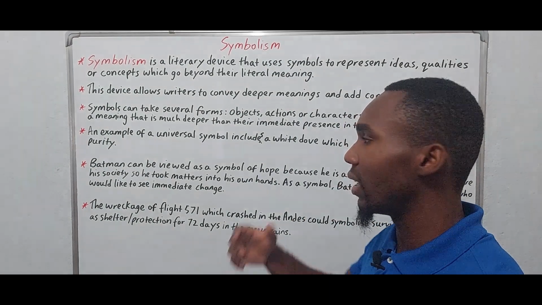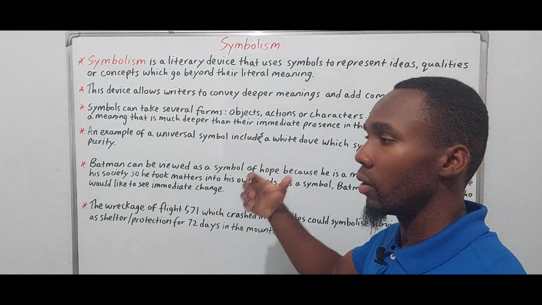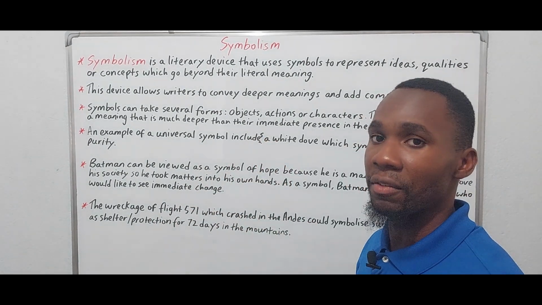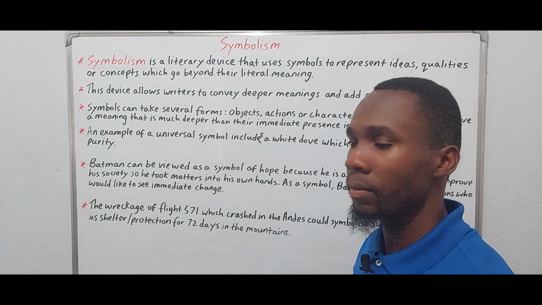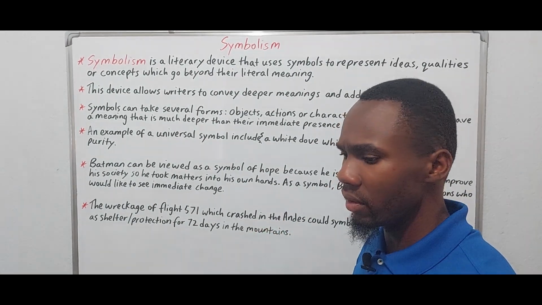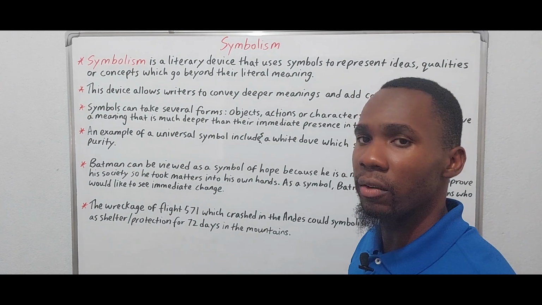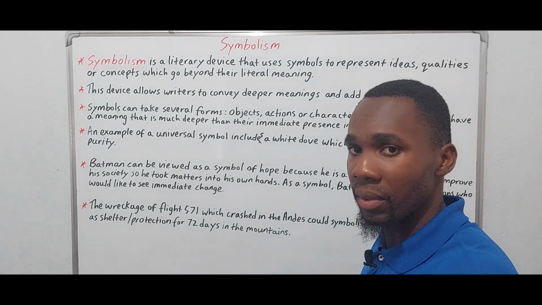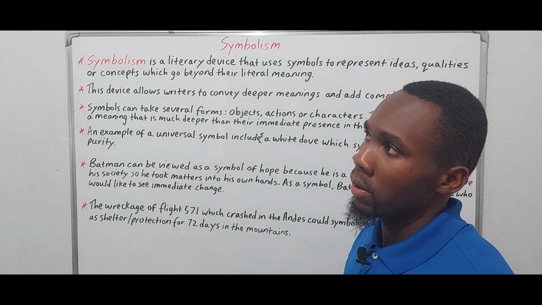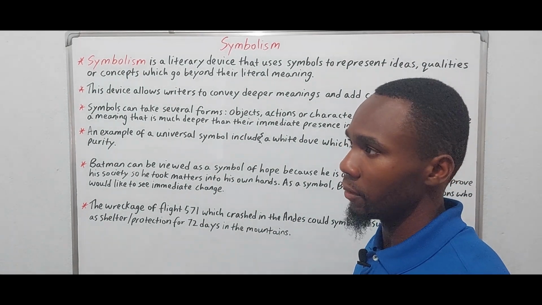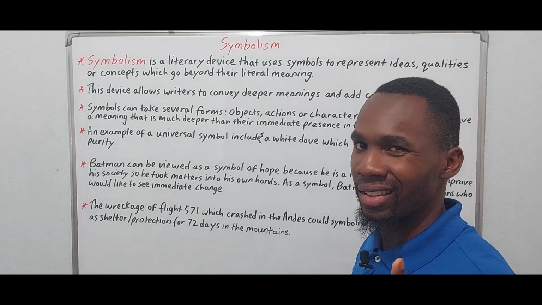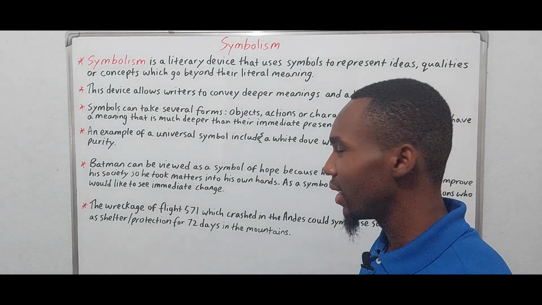But of course, in another context, or in a more specific context, a white dove could have a different meaning, okay? So that means that there is a great deal of subjectivity that can arise when we are talking about symbolism, okay? Subjectivity. I say subjectivity, but pay attention.